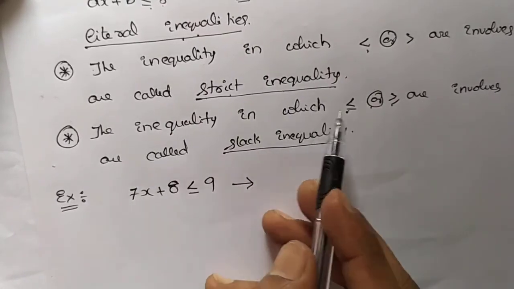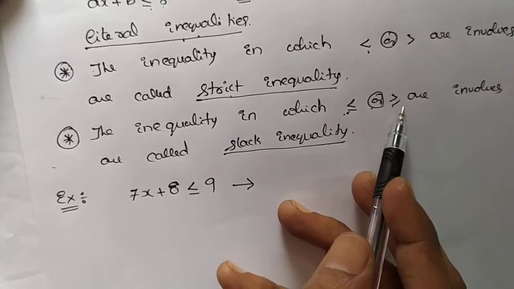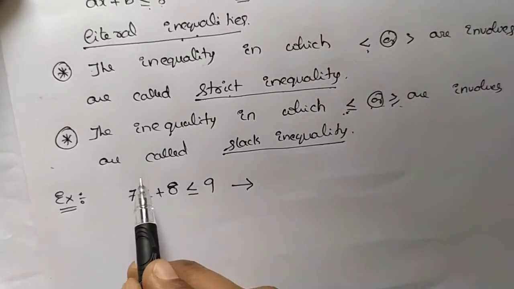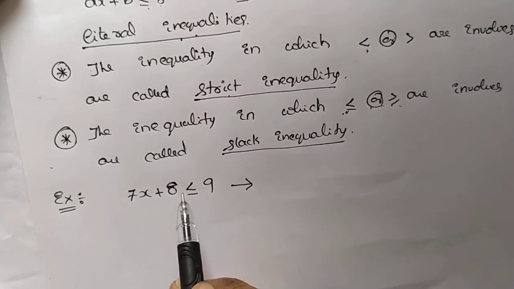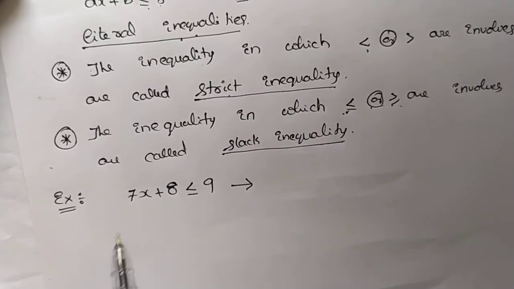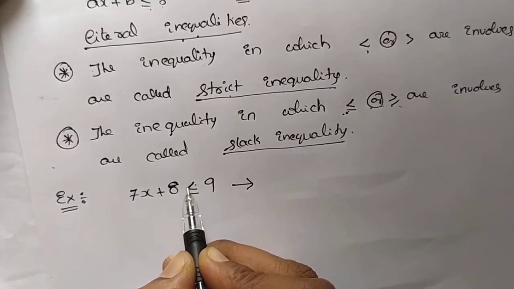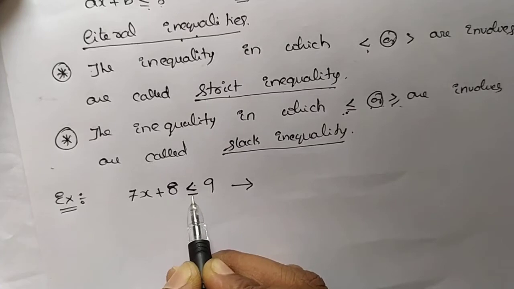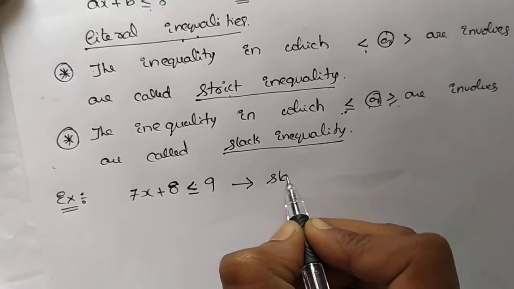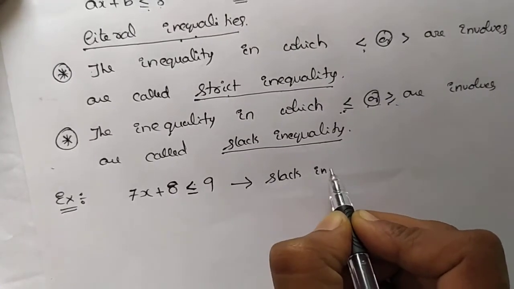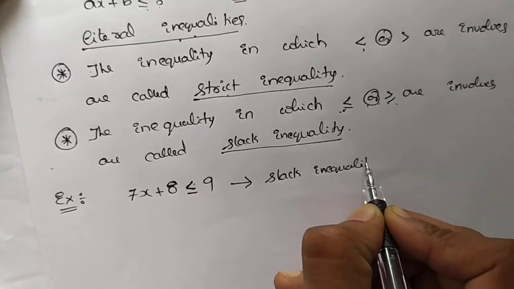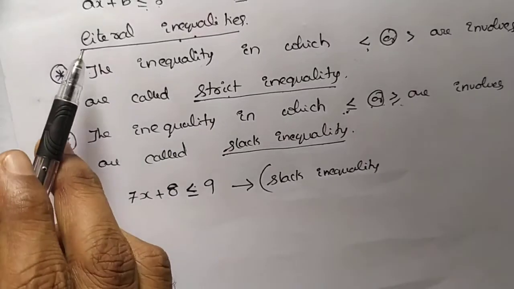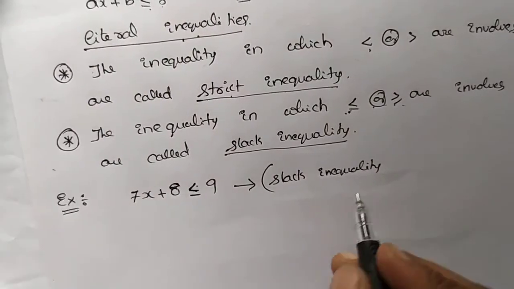The inequality which involves less than or equal to or greater than or equal to is called slack inequality. This inequality involves the symbol less than or equal. Therefore, it is a slack inequality, as well as a literal inequality.